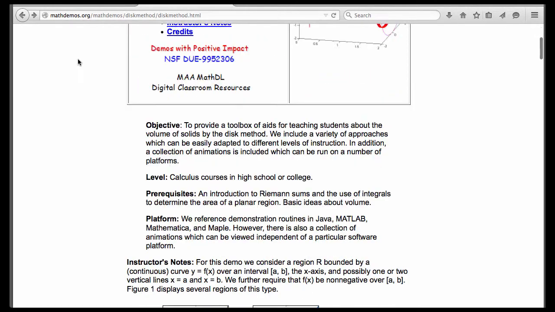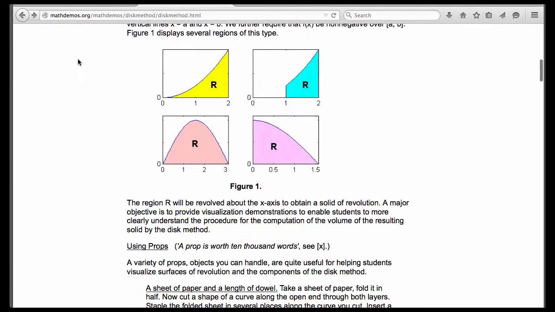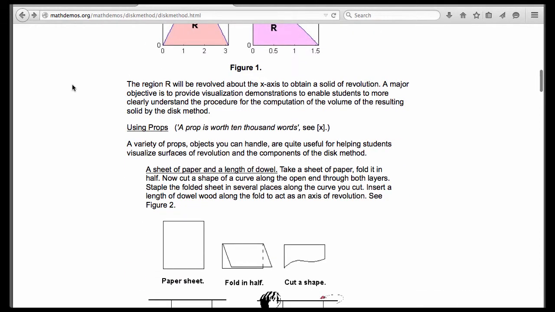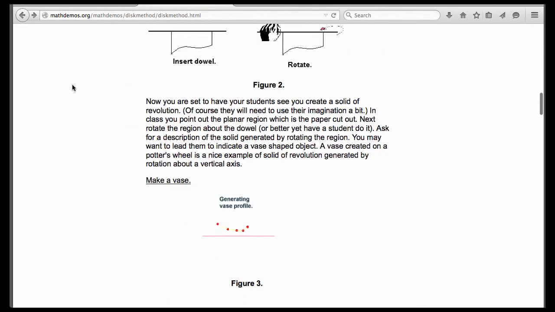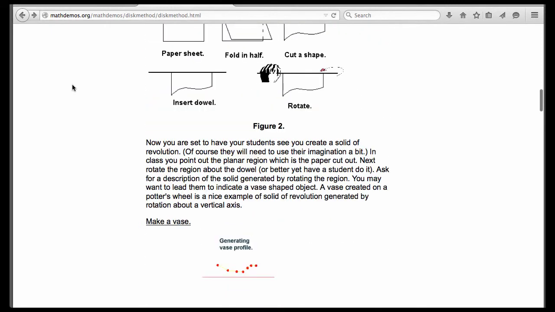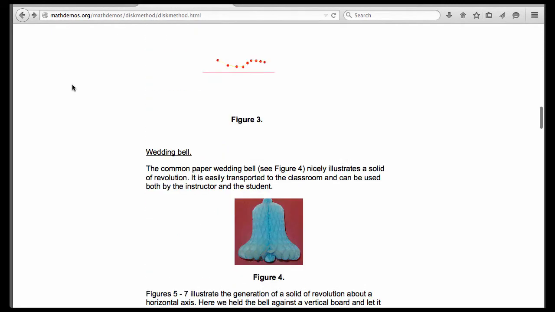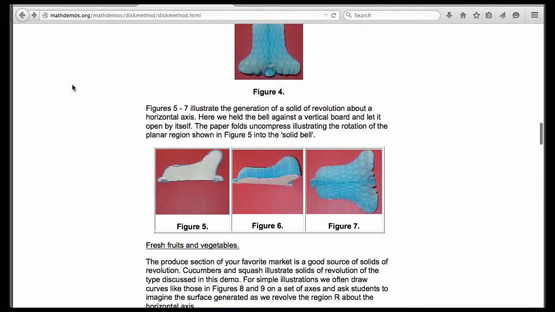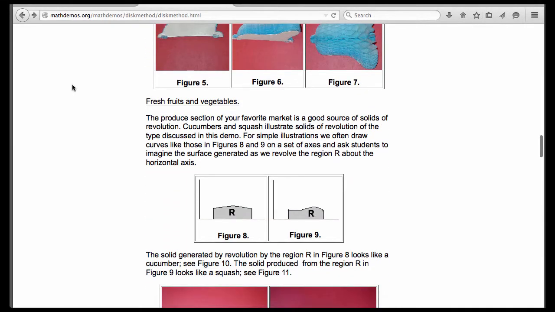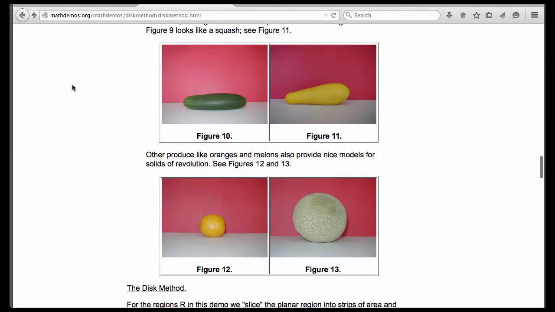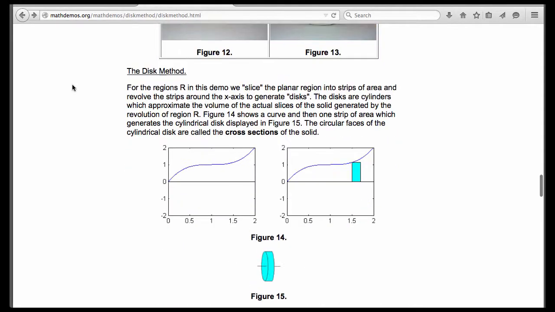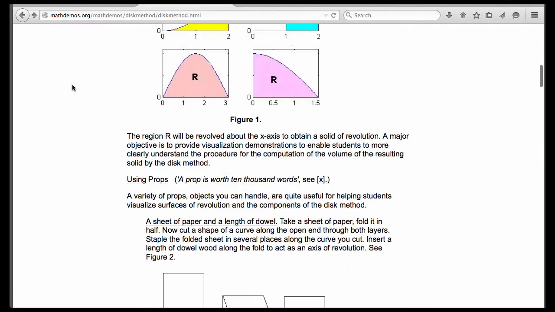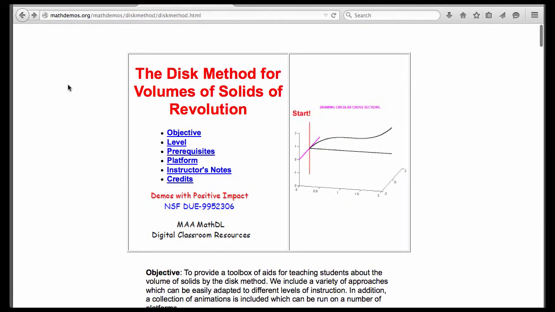If you scroll down the page, you'll notice they have some other lesson notes for you. They have some other visualizations, some that you can even make yourself to envision better these volumes that we're creating. And they give you a lot of very real life examples of these. So I definitely encourage you to go to the website and maybe poke around a little bit.